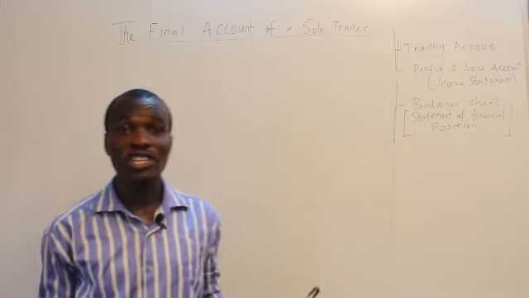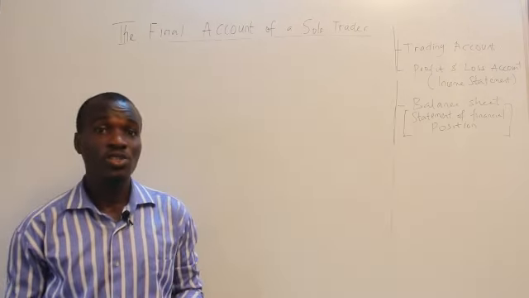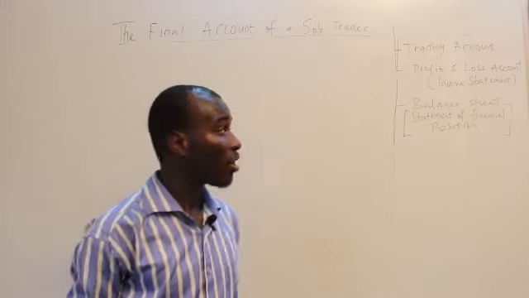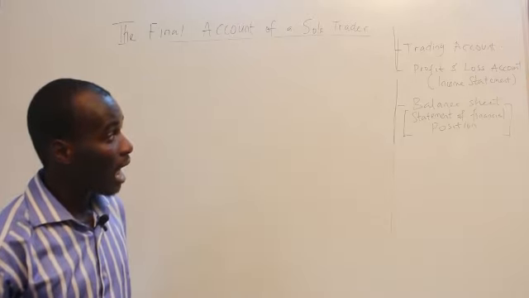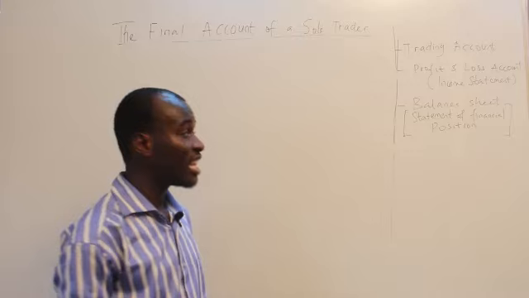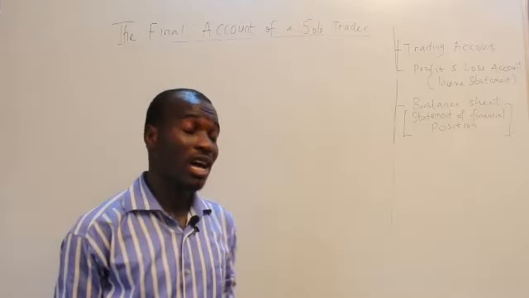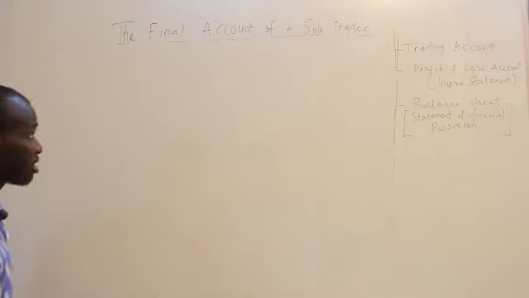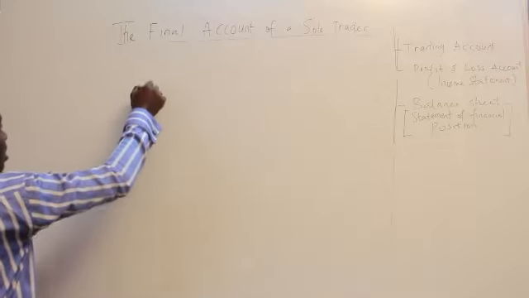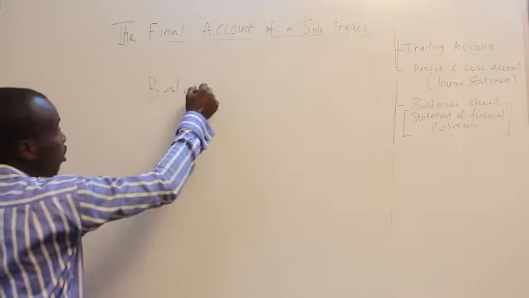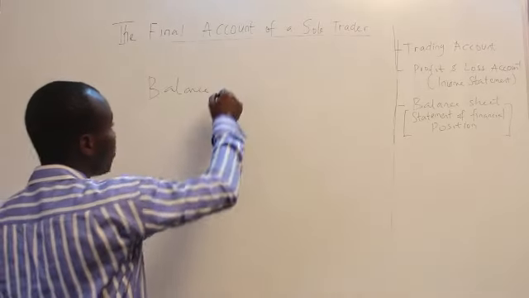We use that to show the financial strength of the organization, the total assets owned by the business, and also the claim on the assets of the organization. That is what the balance sheet shows.